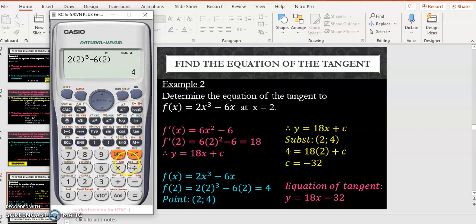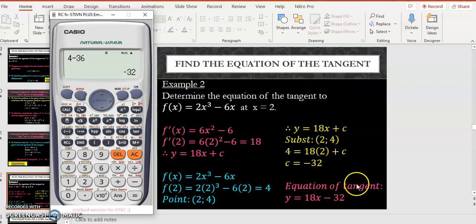How did we get that? 18 times 2 is giving us 36. Then we subtract. So it's going to be 4 minus 36, which is minus 32. So we have our c to be minus 32.